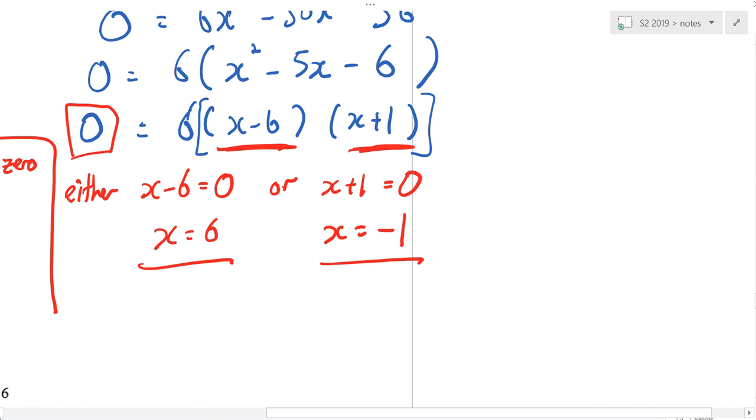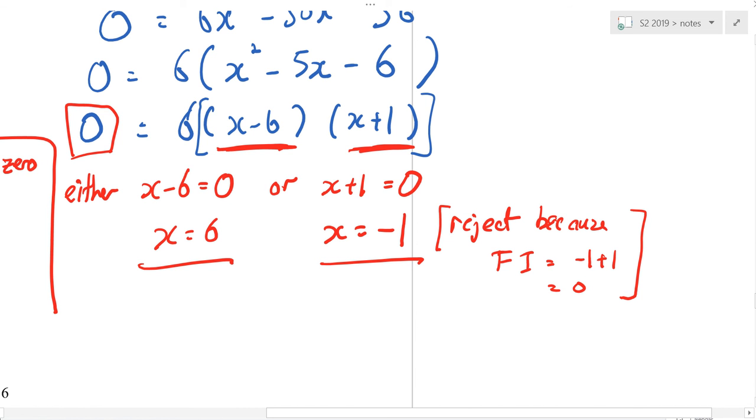So, can you write down: I reject because Fi is equal to minus 1 plus 1 equals 0. So you have to reject it. If Fi is 0, there is no rectangle to talk about. So therefore, Fi is the width of the rectangle.